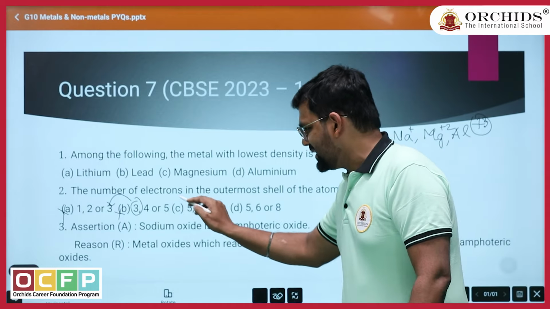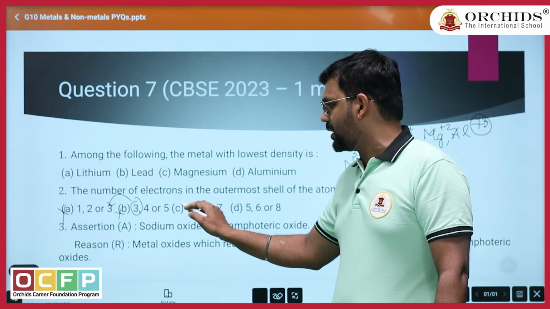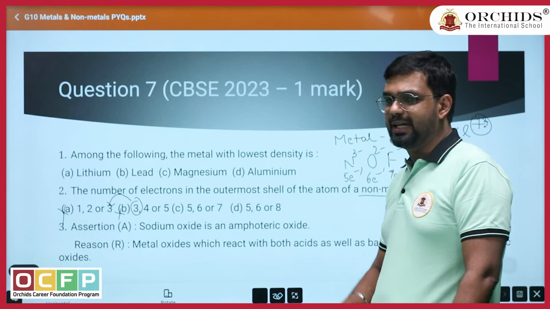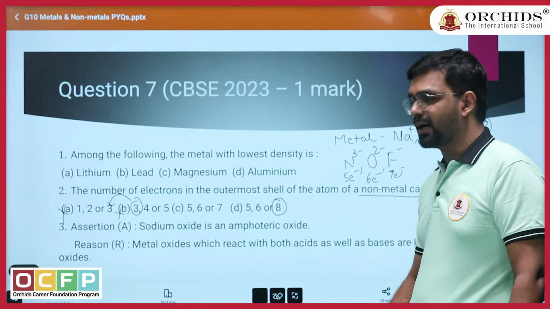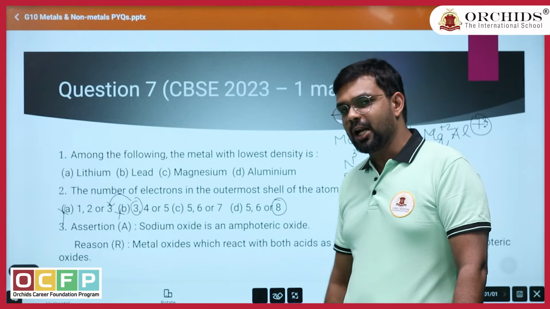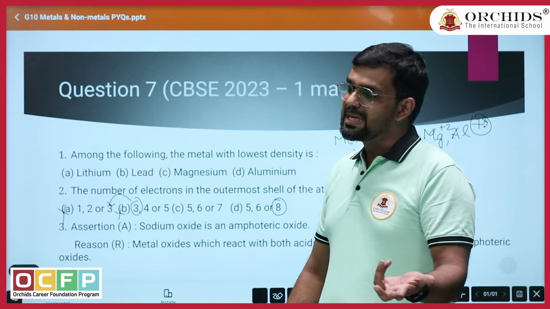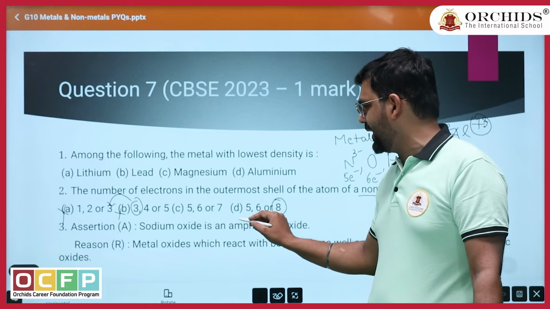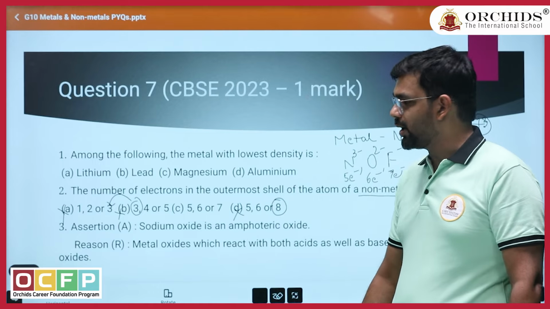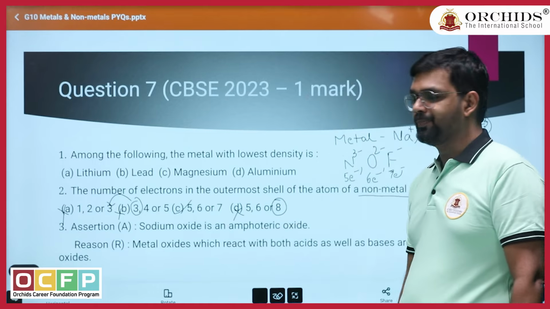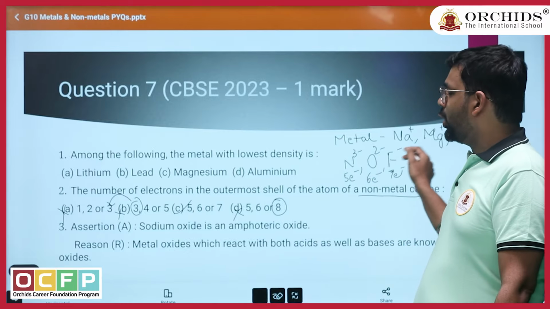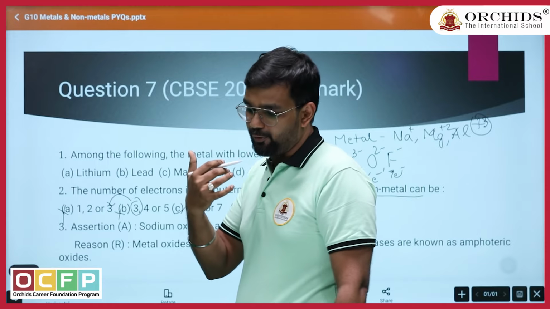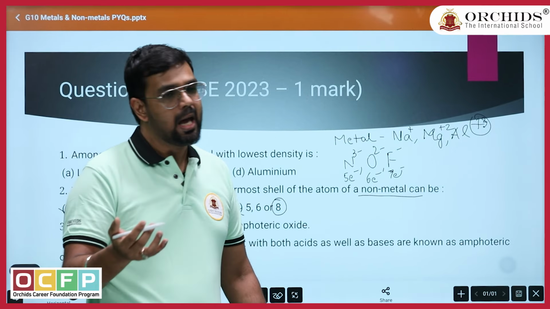This looks like a correct option, but let's look at option D also: 5, 6 or 8. There is a mistake over here. If an element has 8 electrons, it is already stable. So can I go with option D? This is also a wrong answer. So what is the correct option? Option C. Please be careful, and write the known examples from the electronic configurations which we have already learned.